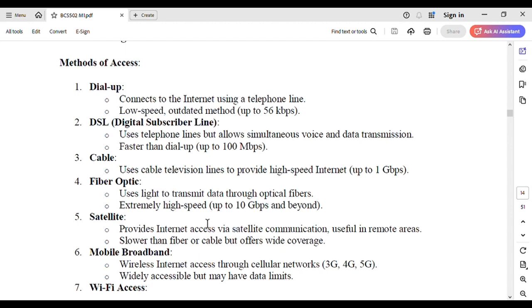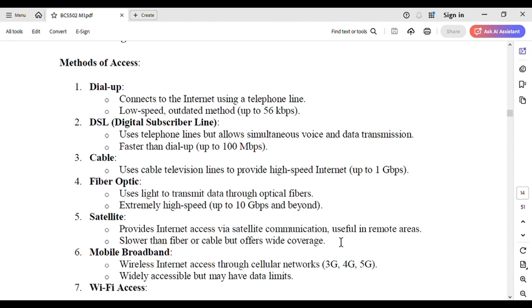Next, fifth, there is satellite, which provides internet access via satellite communication, useful in remote areas. In each and every area, it is very difficult to provide fiber optic cable or any cable mechanism. At that time, we can use satellite communication.